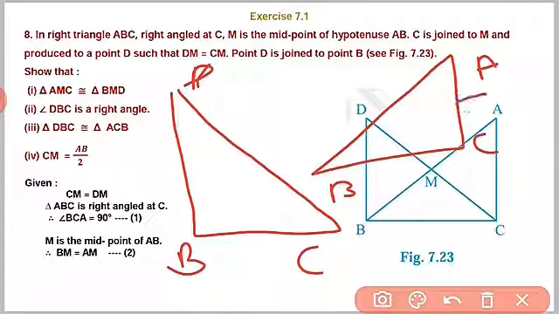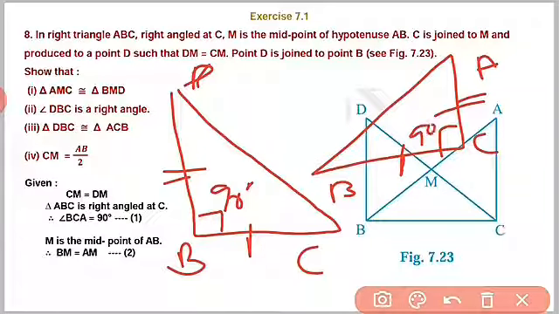AC is equal to BD, we just proved, and BC is common to both, and angle DBC and angle ACB are 90 degrees each. So by SAS, triangle DBC and triangle ACB are congruent.